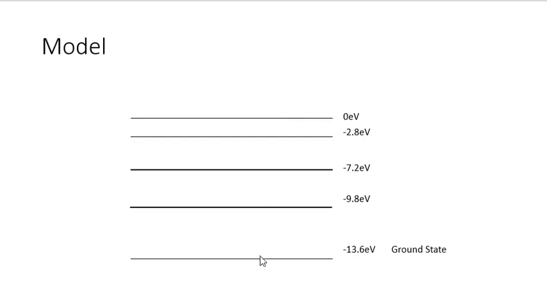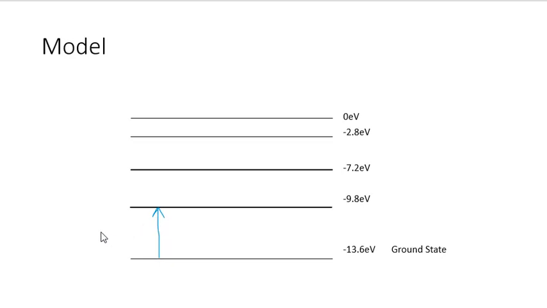So we can move up from this to other ones. Well, if we look at it, we can move from here to here, and it would take 13.6 minus 9.8.